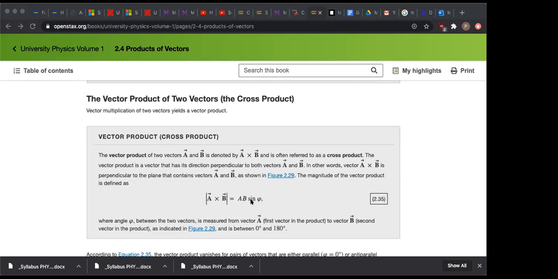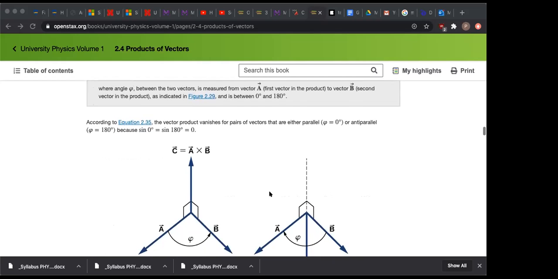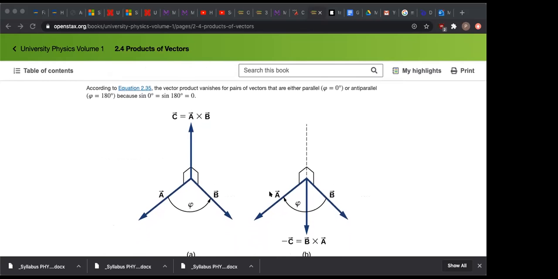However, the direction of the resulting vector, if A cross B is called C for example, is determined by using a little trick, you might say. The reason it's a trick is because the vector itself here is not actually a real vector in physics.